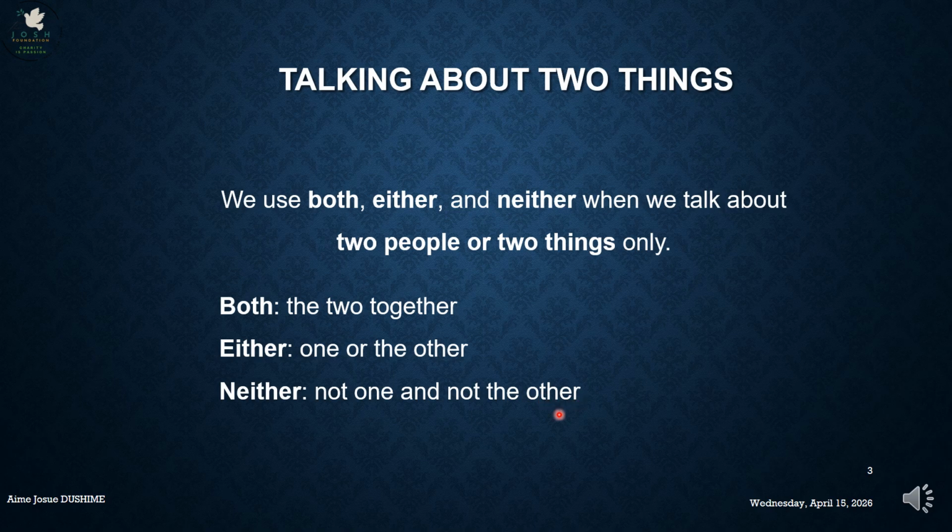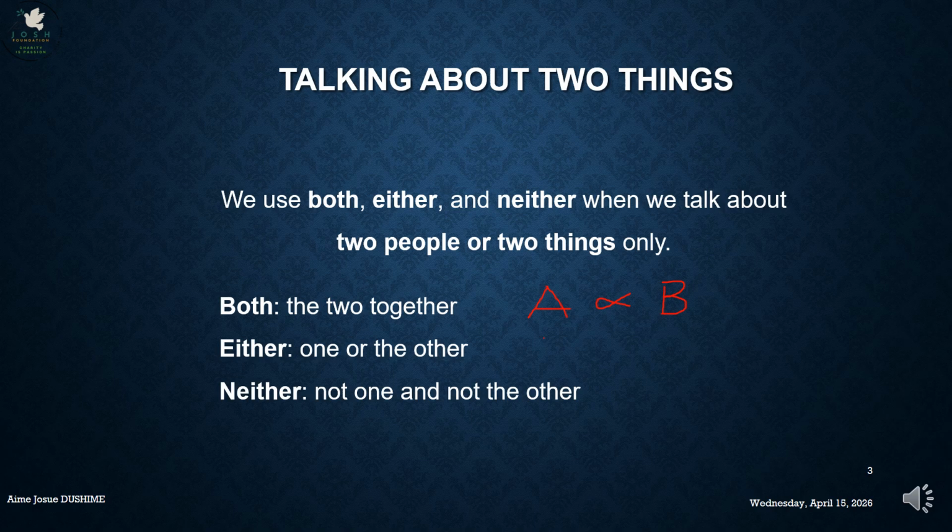What do I mean by that? I say not A and not B. Let me try to write that a little bit down here. It's either A, and B. Option A and option B. That's to say both.